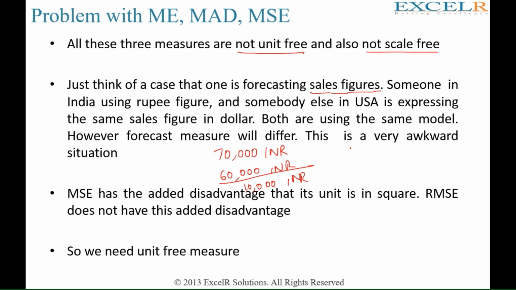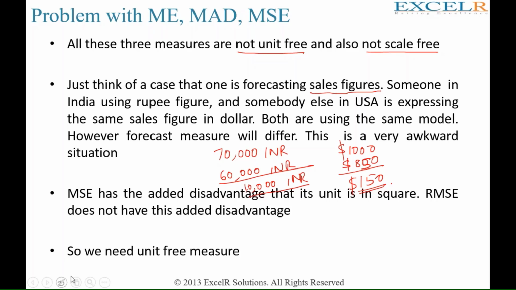If I convert these into dollars, probably this will be $1,000, and maybe this is $800 or $850, whatever it may be. If I represent these values in US dollars, you get $1,000 in this, and when you look at the error, it's only $150. So there is such a huge difference: 10,000 rupees versus 150.